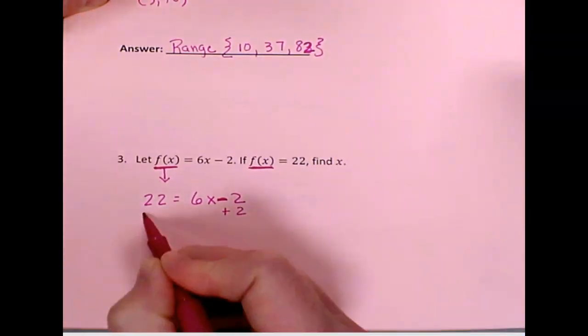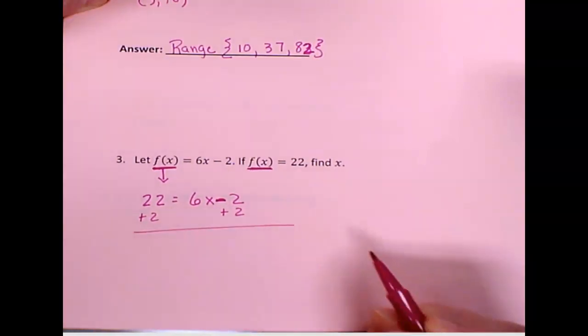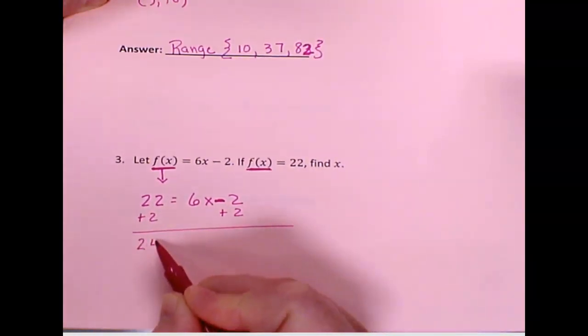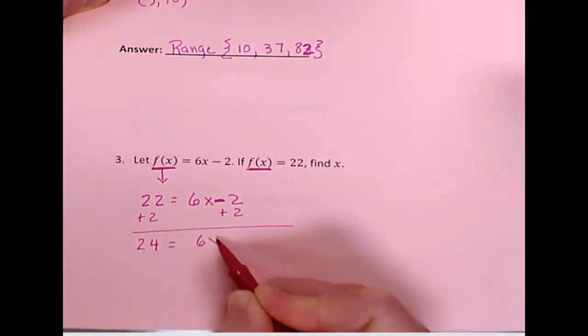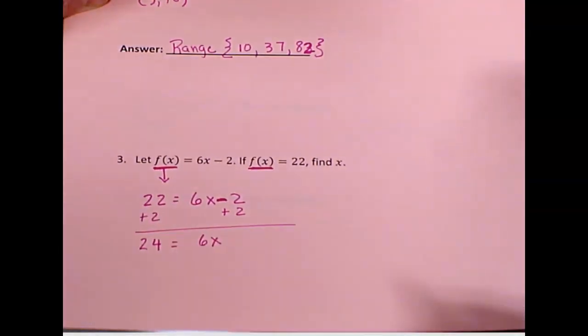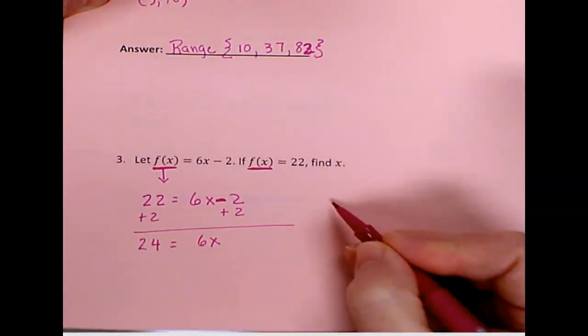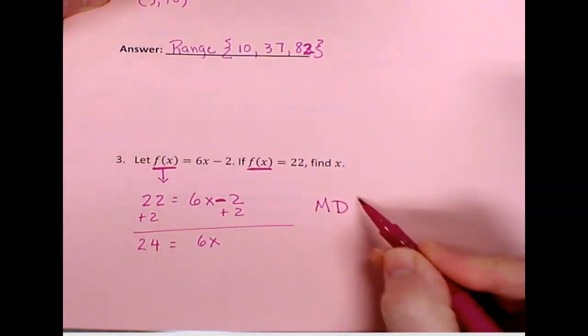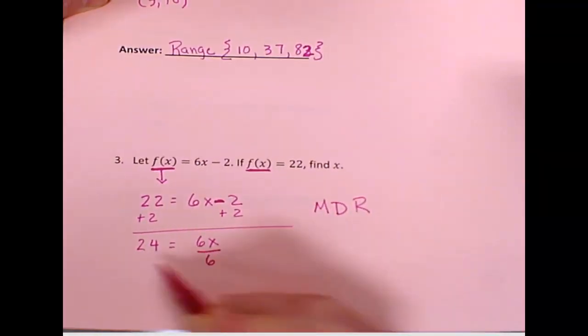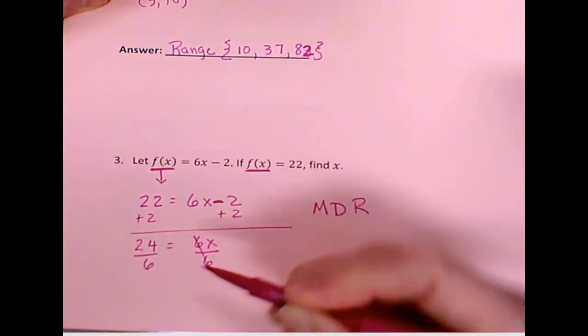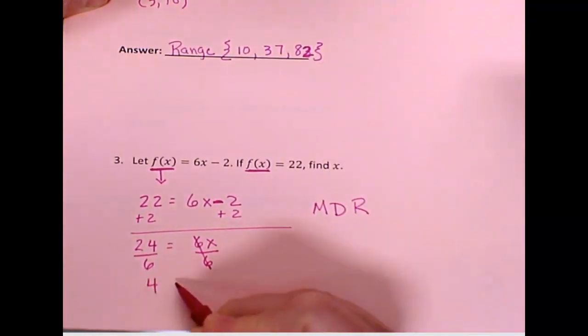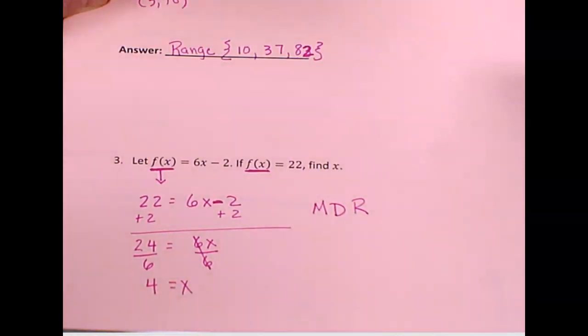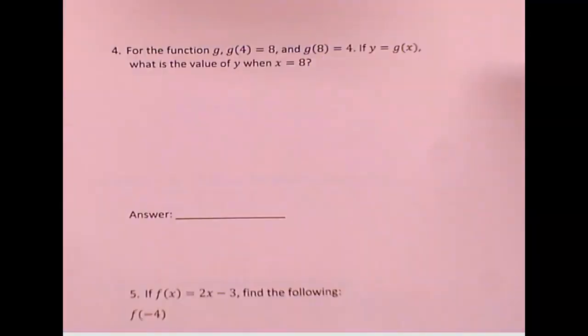I'm going to add 2 to both sides to cancel out the 2. I'm solving for x, and so I have moved the 2 to the other side. I'm going to divide by the 6 and then reduce. 6 will go into 24 4 times, and so x would be equal to 4.